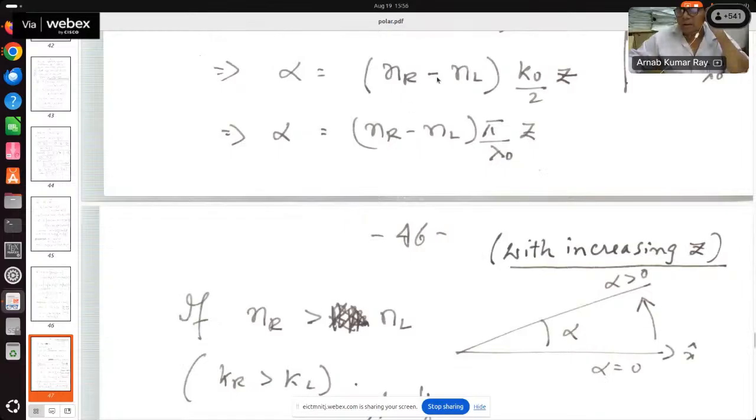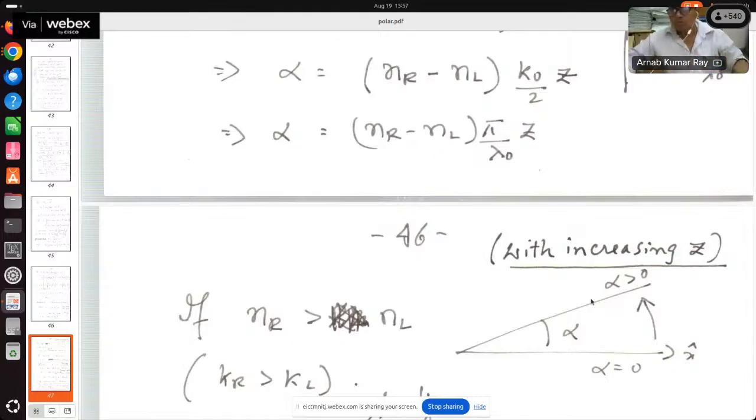If nr is greater than nl, then kr will be greater than kl, of course. If nr is greater than nl, then alpha will be positive for values of z greater than 0. So you start at z equal to 0. Your optically active material has a length of z.